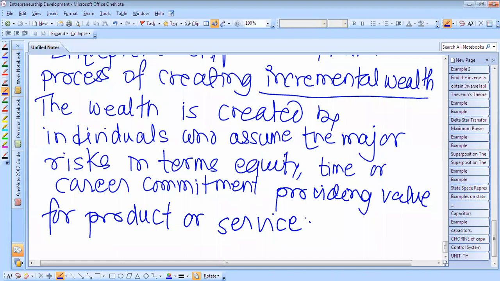Okay, the product or service itself may or may not be new or unique, but value must somehow be infused by the entrepreneur by securing and allocating the necessary skills and resources.